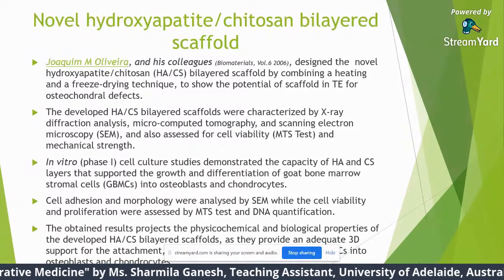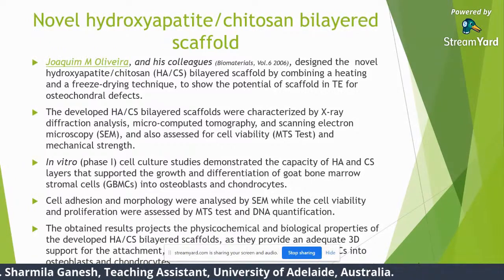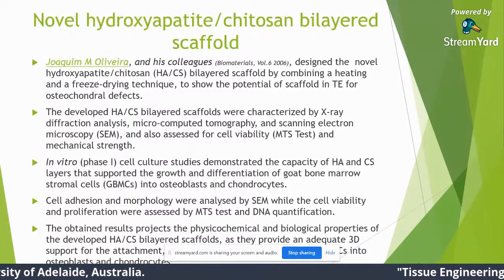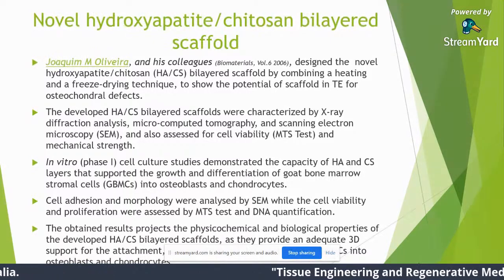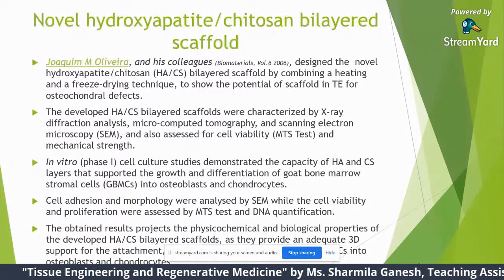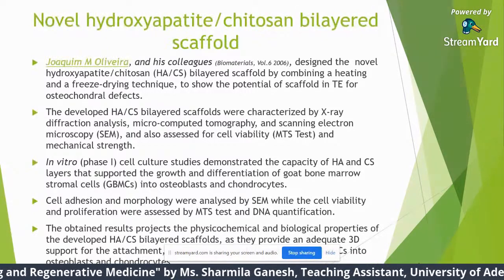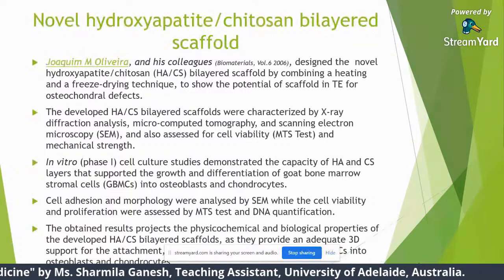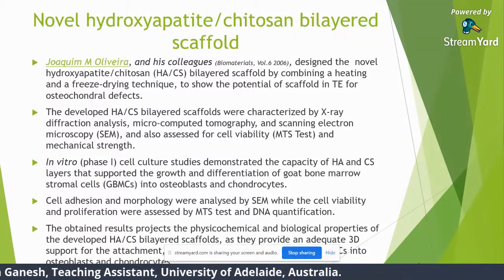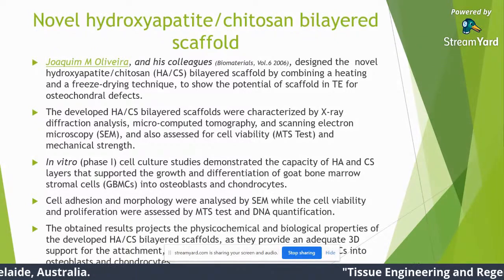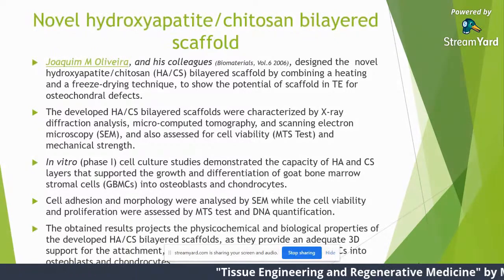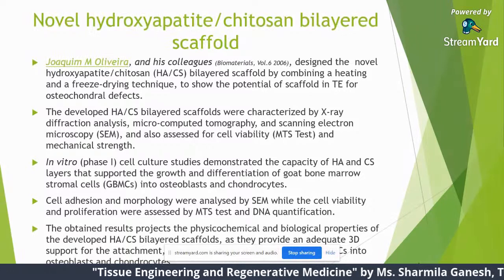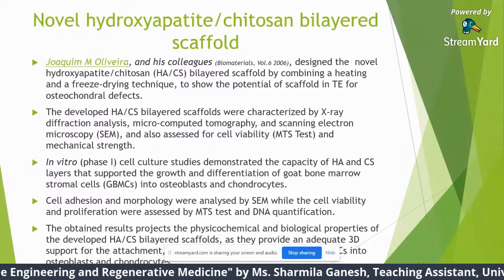During the in vitro phase 1 study, they demonstrated the capacity of the hydroxyapatite and chitosan layer to support the growth and degeneration of goat bone marrow stromal cells, which then differentiated into osteoblasts and chondrocytes. The cell adhesion and morphology were analyzed by scanning electron microscopy, while the cell viability and proliferation were assessed by MTS test and DNA quantification.